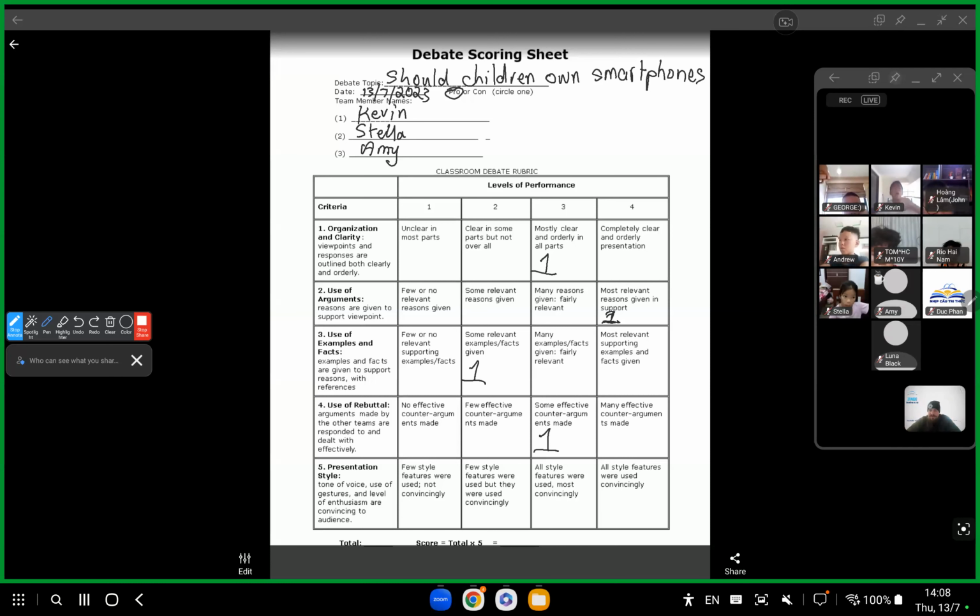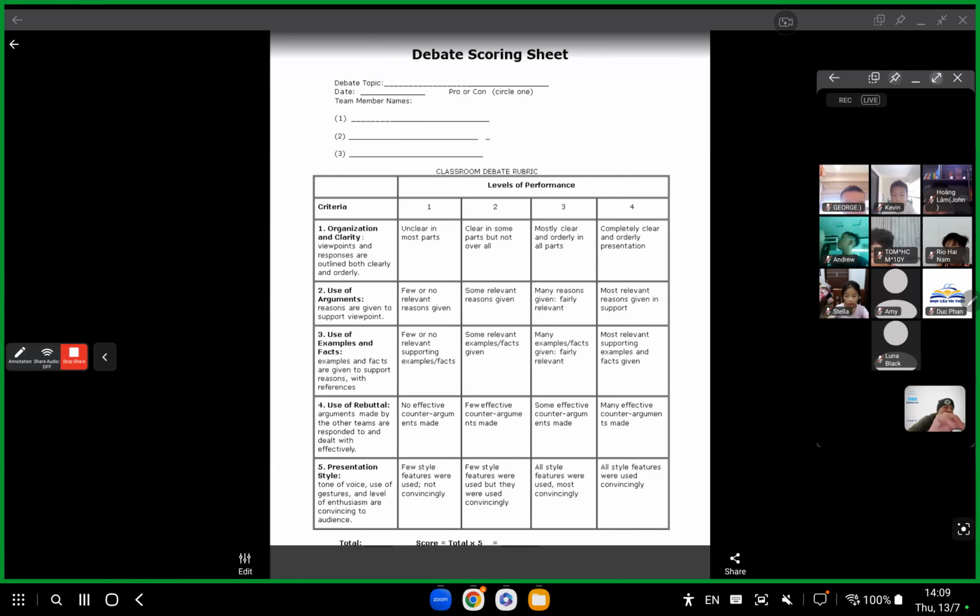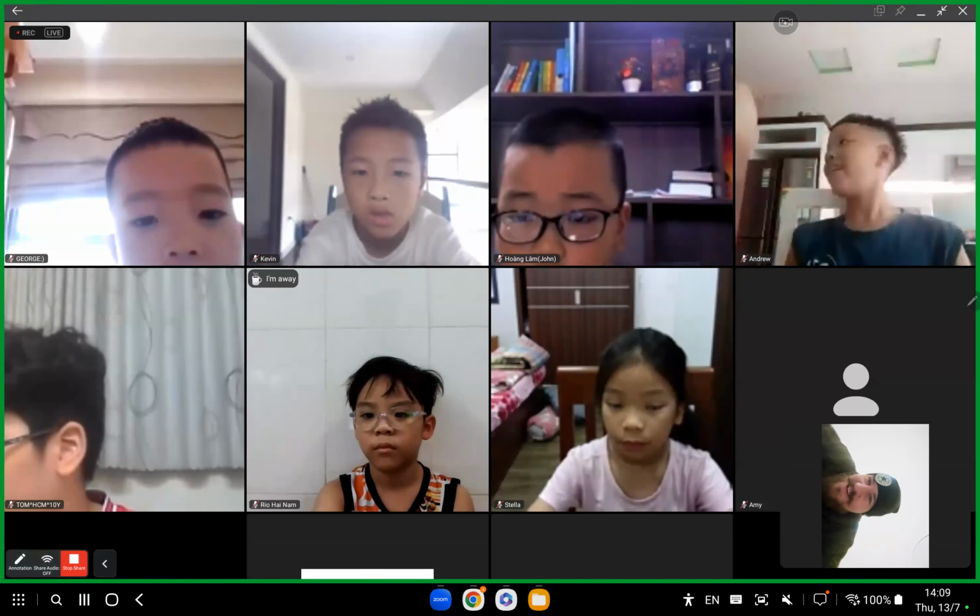And finally, his presentation style. So did Kevin's tone of voice match the arguments that he was giving? Or did the use of his gestures, was he expressive with his hands? Was his body language confident? Was he very enthusiastic to give his argument? And I might have a quick look at Kevin's body language now.